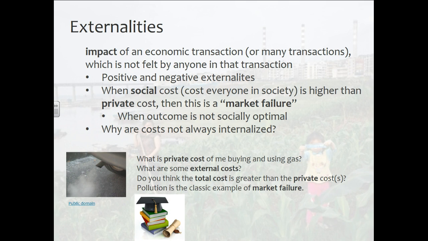Most pollution, especially this diffuse pollution from power plants and tailpipes, just blows out into the wind and you don't really know where it ends up, and you don't know exactly what the negative impacts of that individual amount of pollution are. You may know in aggregate what the pollution from cars causes, but it's hard to attribute that to you. So pollution is a classic example of market failure.